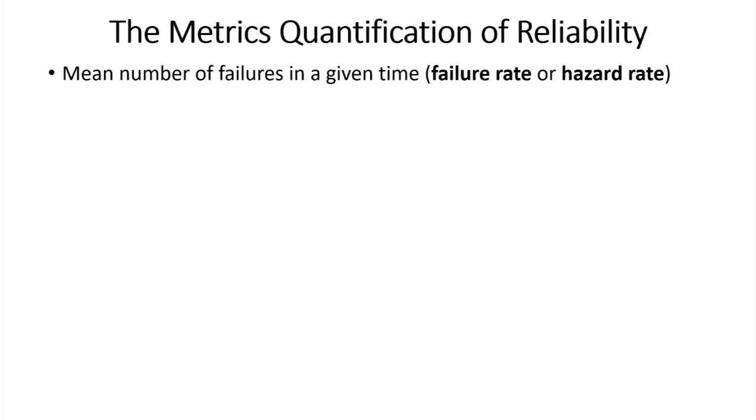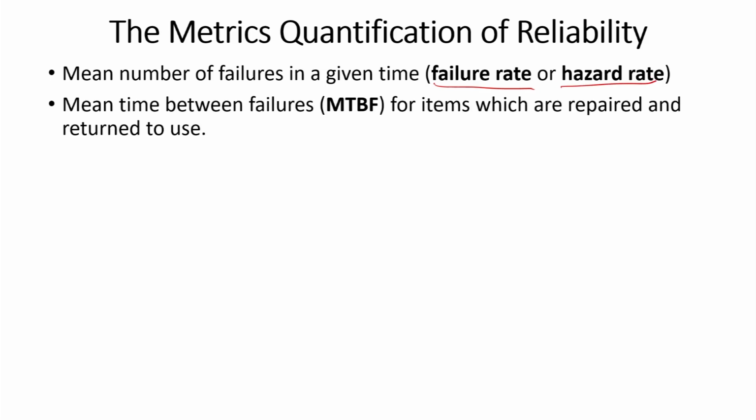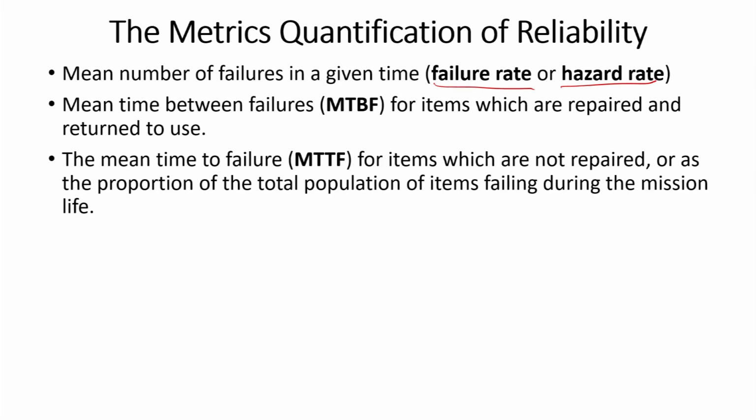Okay. So, now let us see the quantification of reliability. These are terms for which we are going to derive the expressions. The first is the mean number of failures in a given time, that is called the failure rate or the hazard rate. Then the mean time between failures, of course, this is for items which can be repaired and then the system is returned to use.